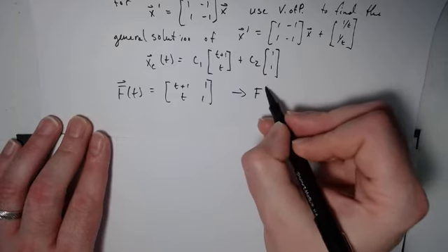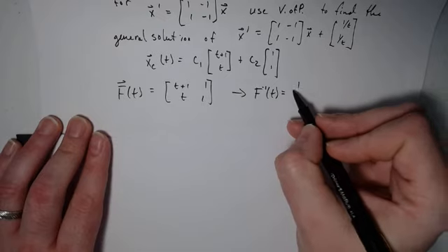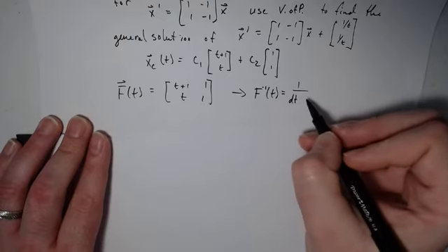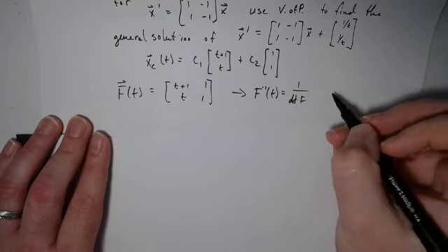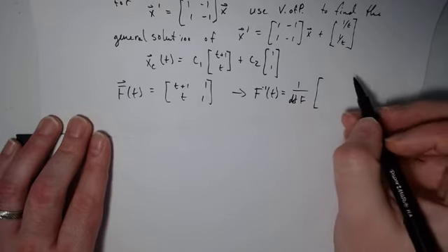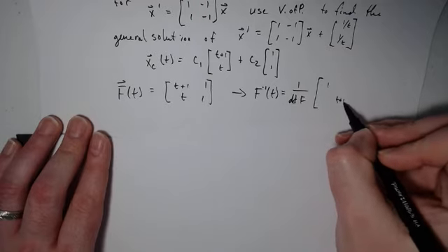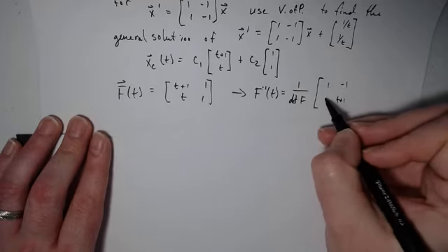F inverse of t is 1 over the determinant of f times, we need to switch these guys and negate these guys.